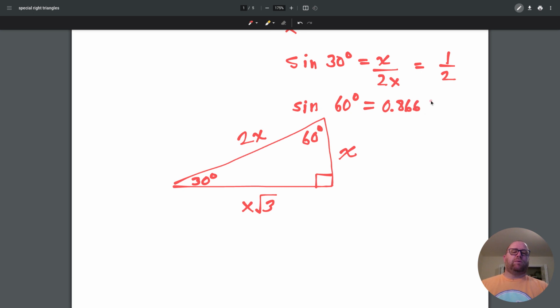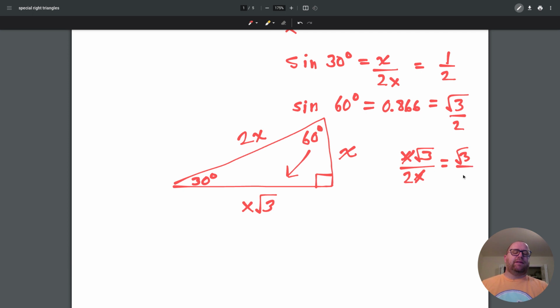That's actually equal to, not approximated, the square root of 3 divided by 2. And we can see that, if we had x square root of 3, the side opposite over the hypotenuse, 2x, the x's will cancel, and we'll get the square root of 3 over 2.